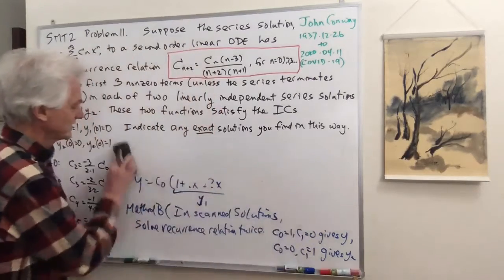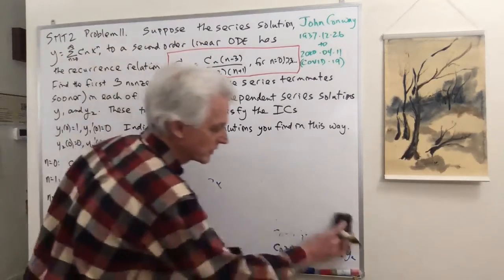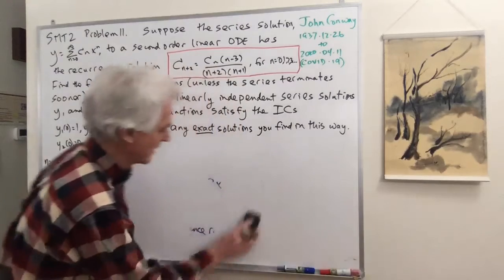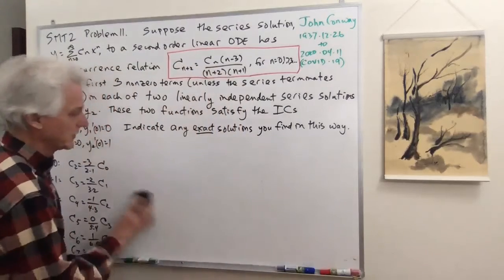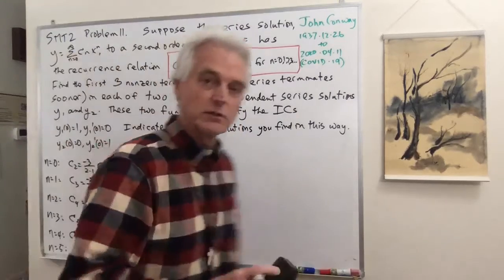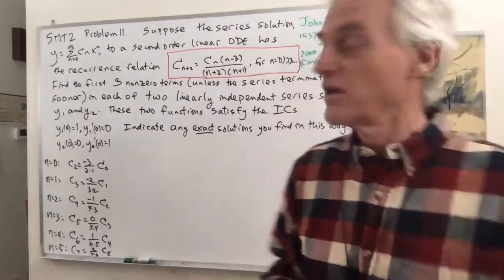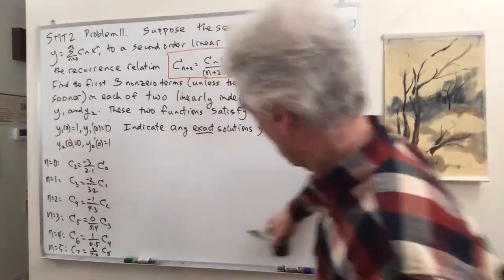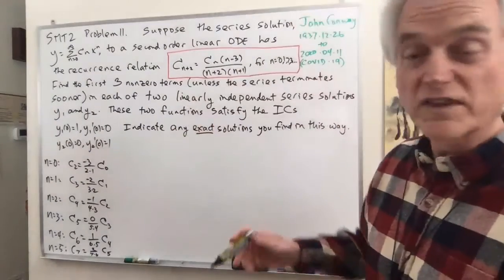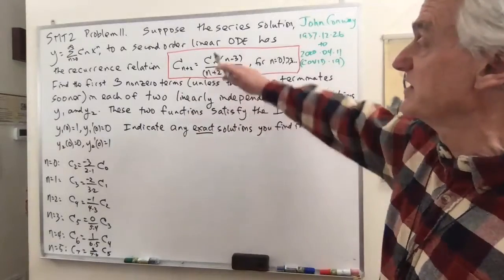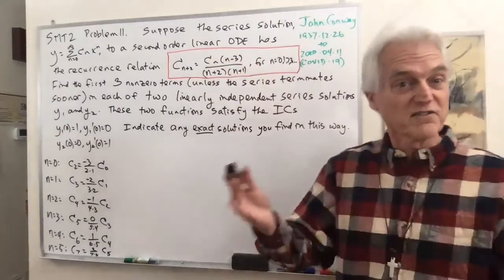While I'm erasing this, see, the idea of the recurrence relation is they didn't give me a formula for C sub 3852, right? I've got to figure out what the C's are. So I don't get a formula for Cn, I just get a rule for how to find Cn.